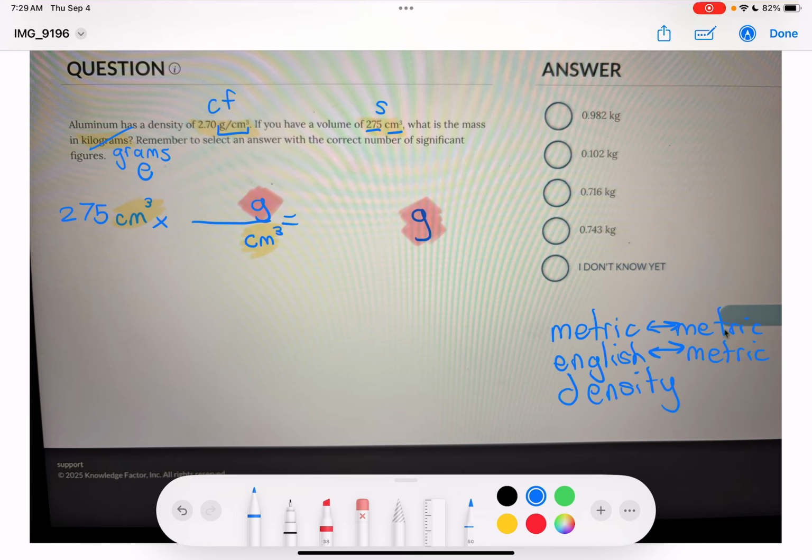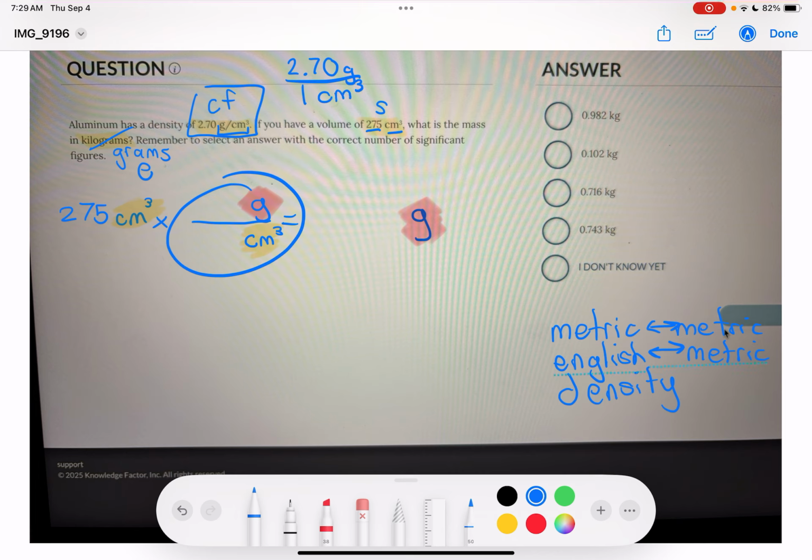So once I have that set up, now I need to look for a number that can fill in here, and it has to have those matching units. So because they gave you a conversion factor that has grams over centimeters cubed, this one is actually pretty easy. You don't have to go looking for the conversion factor. All you need to remember is that the 1 for the centimeters cubed is implied, okay?